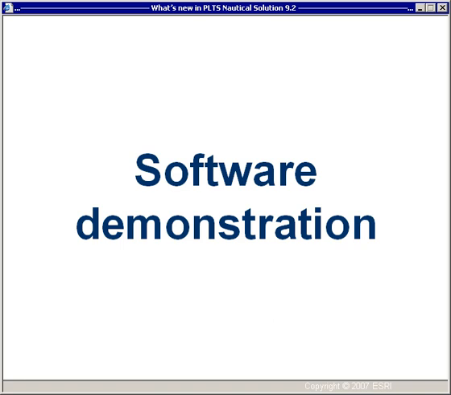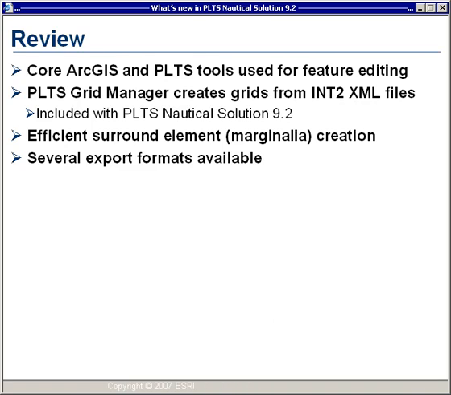So now that you've seen the use of representations for the compass rose and the functionality of the magnetic calculator, let's review what we've covered so far. Core ArcGIS and PLTS tools are both used for our feature or cartographic editing in our nautical chart production.